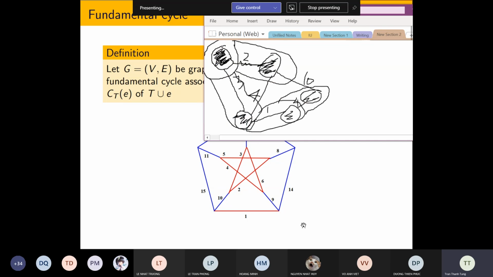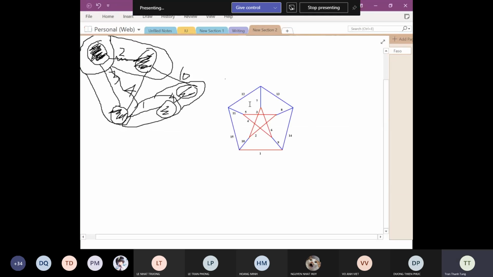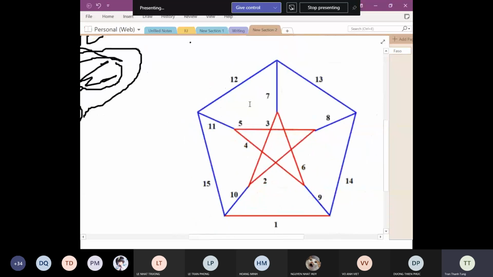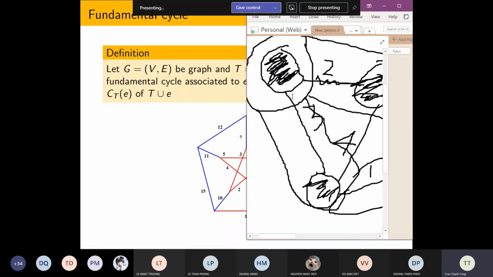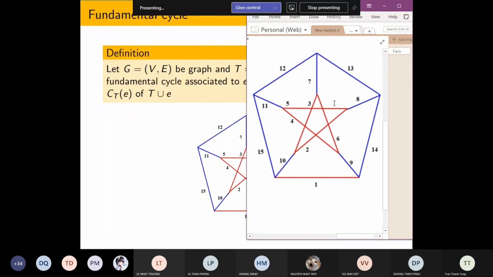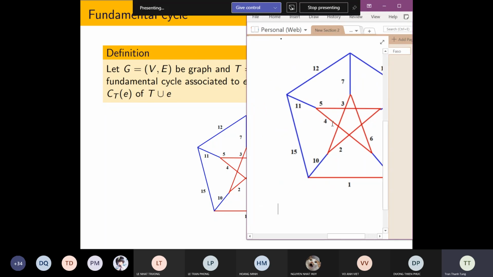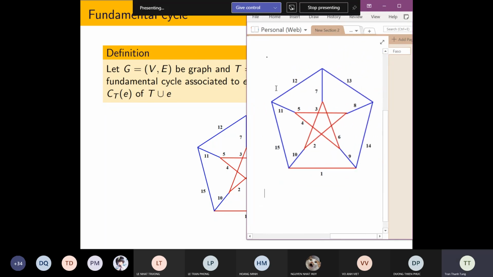Let me make it here, put it here, and make it bigger. Now everyone, please do it. Try to find the minimum spanning tree of this graph.